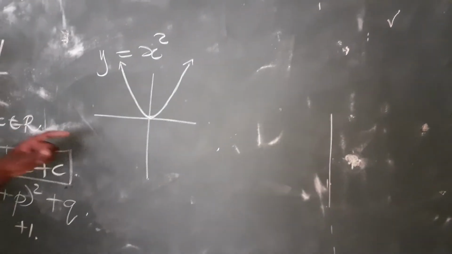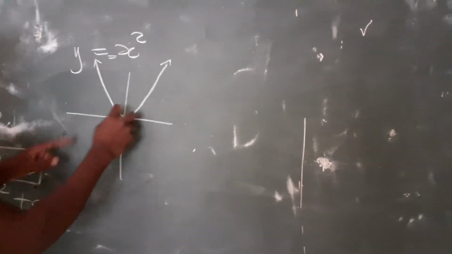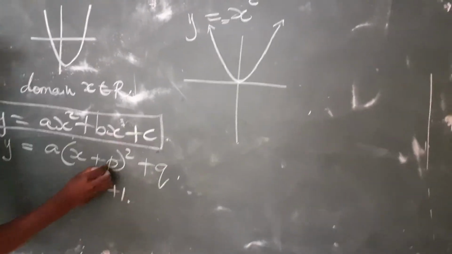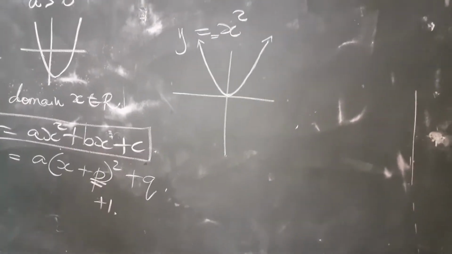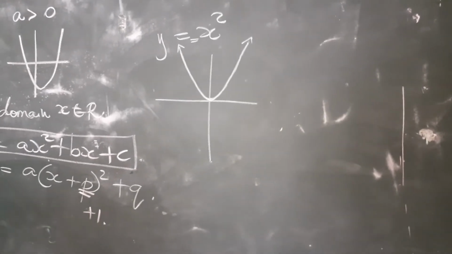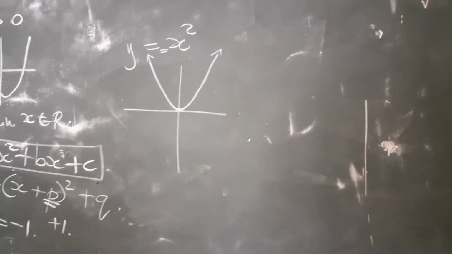Firstly, what I notice is that my a is positive. It means my graph must smile. But here, this thing must change. I'm having a p. What if they say to me that my p is equal to negative 1?